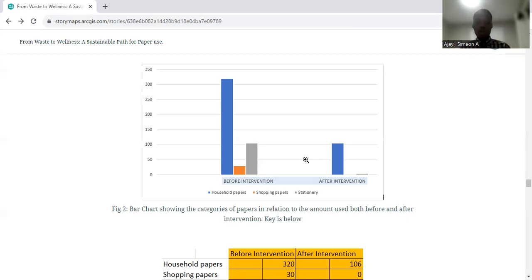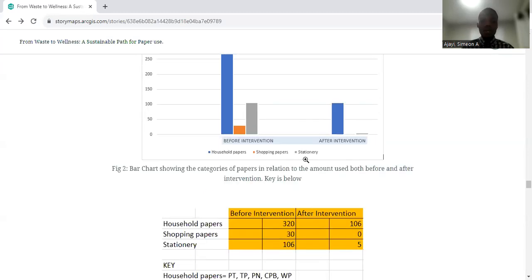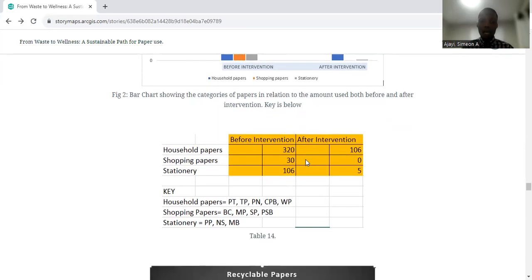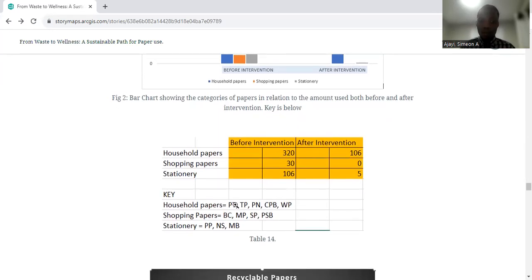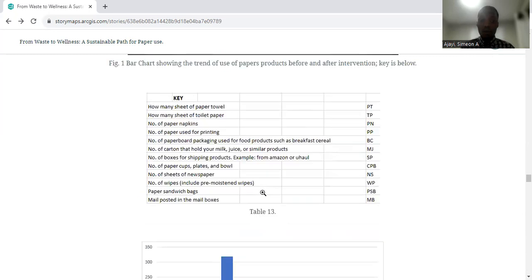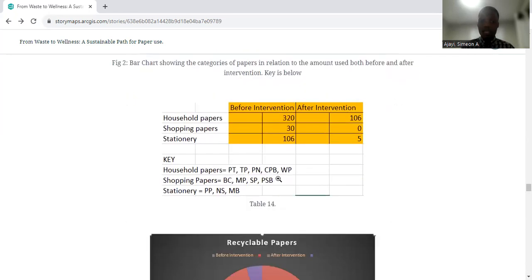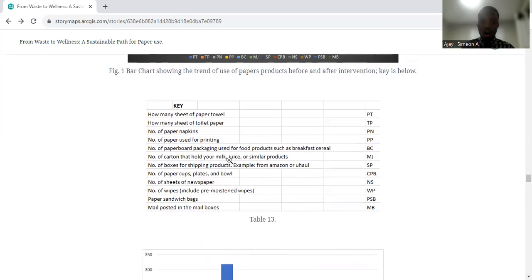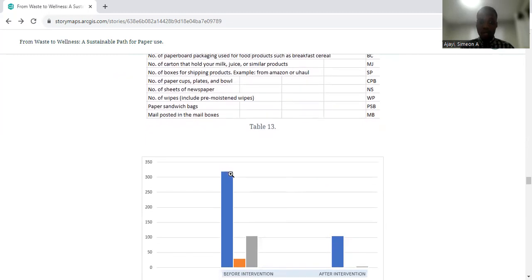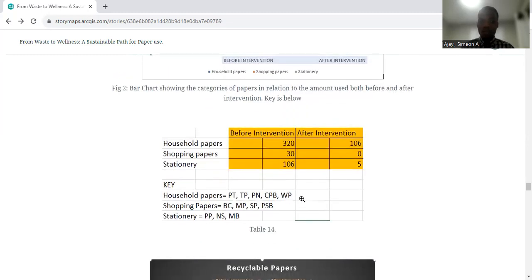The household papers were the paper towel, the toilet papers, the paper napkins, CPB, which is cup, plate and bowl, and WP, which is the wipes.